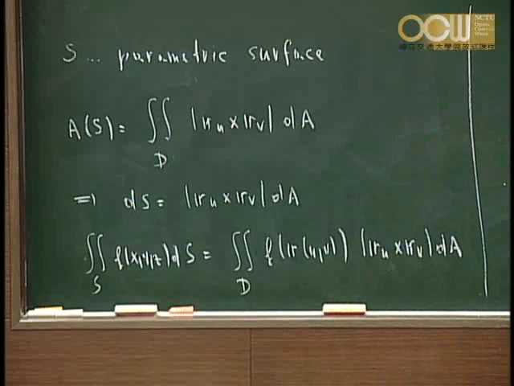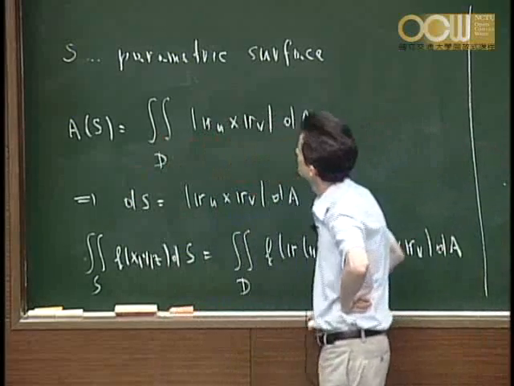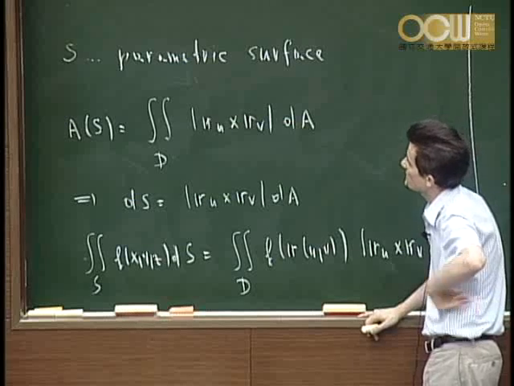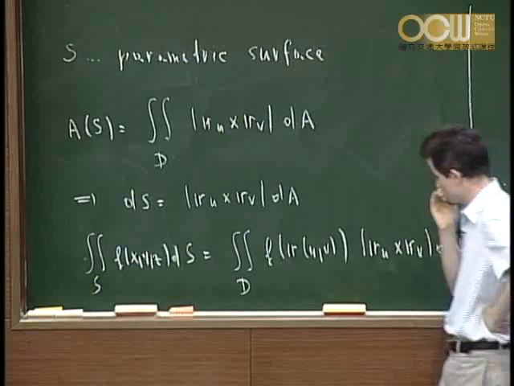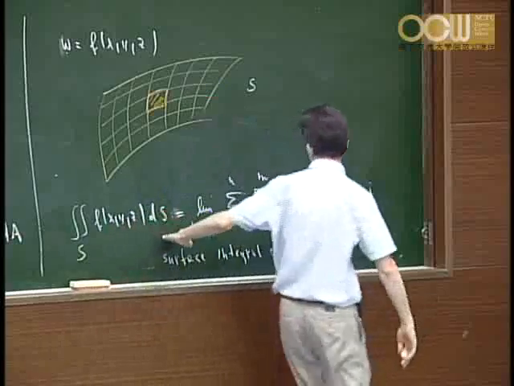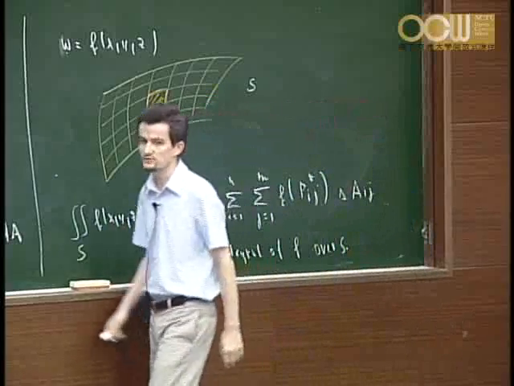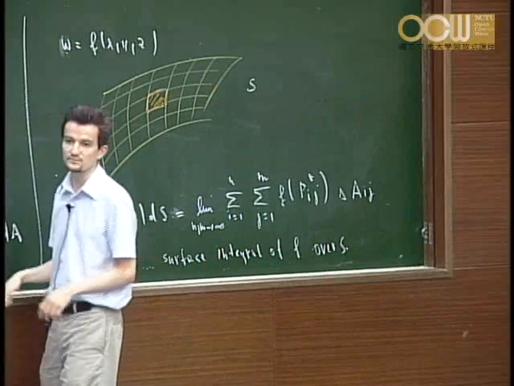You cannot allow all surfaces. A good assumption is that the surface should be smooth, and the function should be at least continuous on the surface. Under this assumption, it's quite easy to prove that if you define the surface integral like this, then for a parametric surface the computation is given by this expression here.